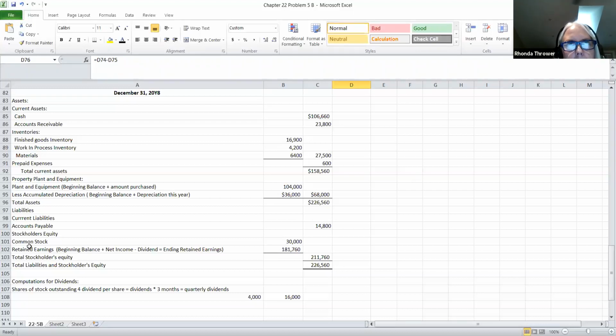And they sell shares of stock and this stock is called common stock. And then they have something that is called retained earnings, which is the earnings that we keep in the business that we do not distribute to our stockholders. That's what we call retained earnings. So your common stock plus your retained earnings gives you your total stockholders' equity.